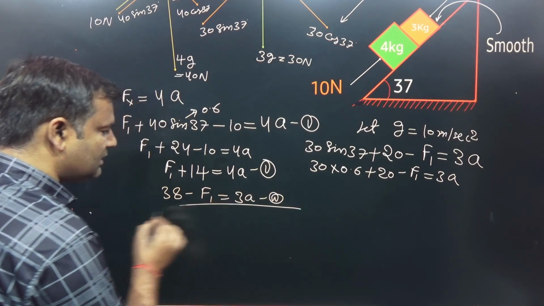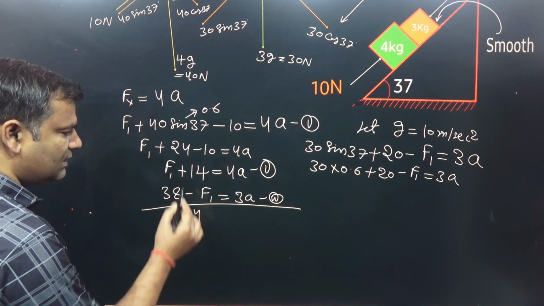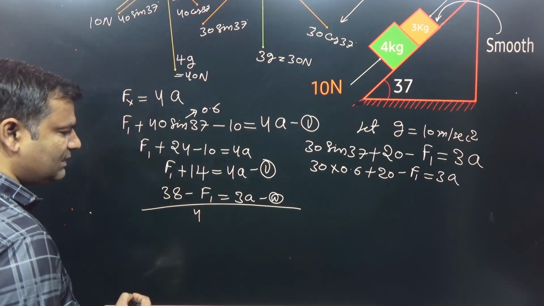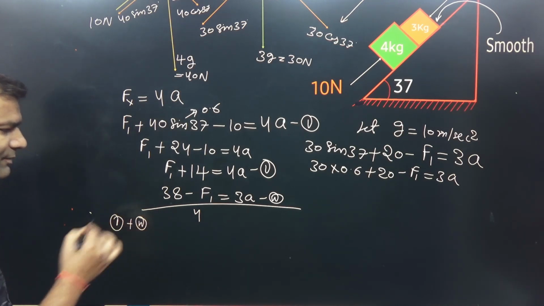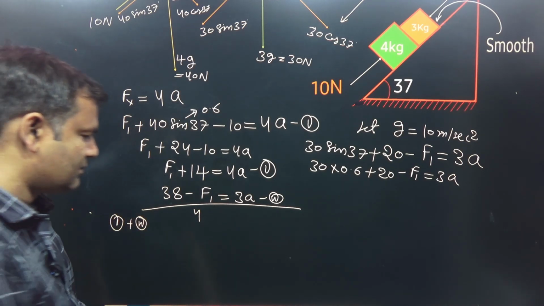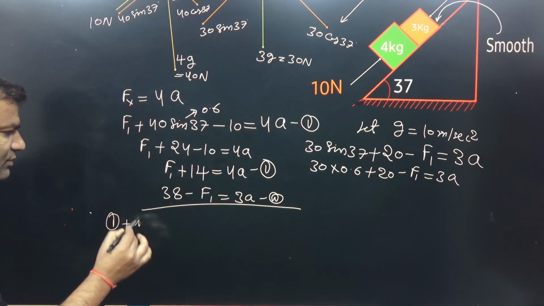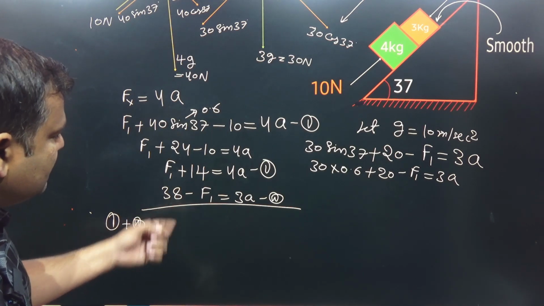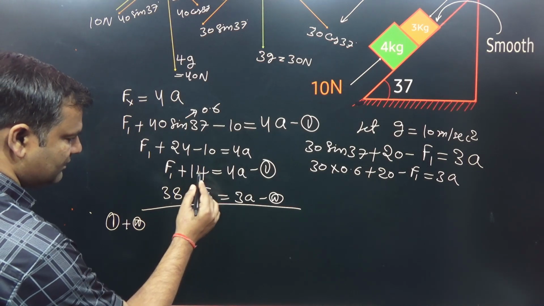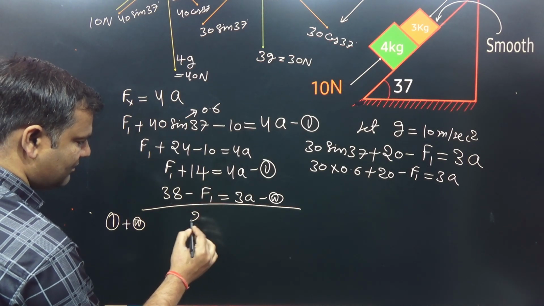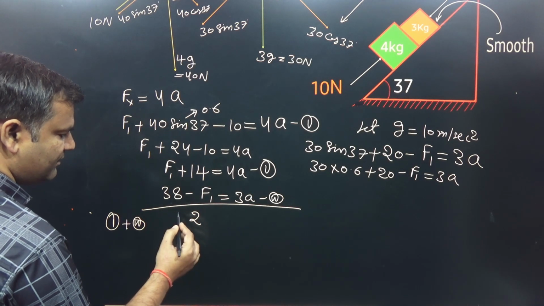Equation number 2. If we add equation number 1 and 2, then we get 38 plus 14, which is 52.